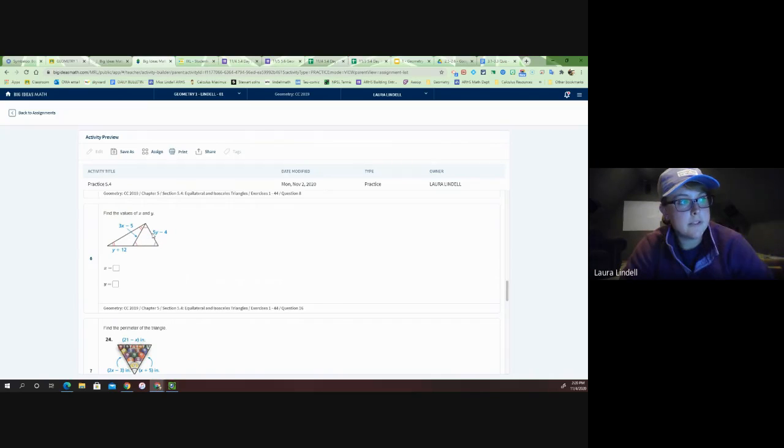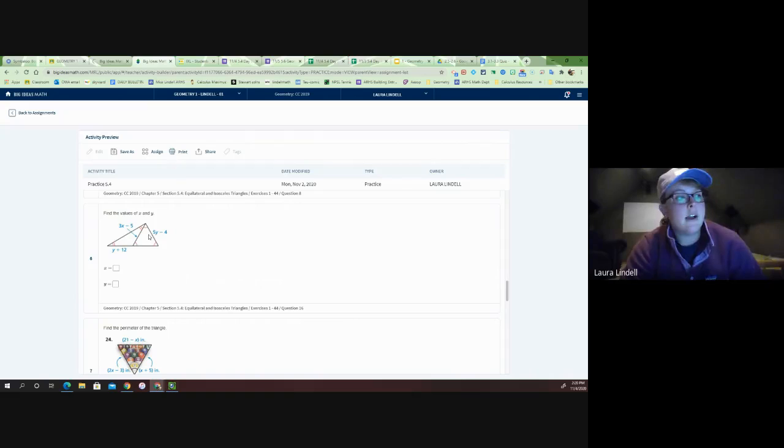So that also means it's equilateral. All the sides are the same. Which tells me that 5y minus 4 will be the same as 3x minus 5. These will be equal, but that's not super helpful to me right away, because setting something with an x in it equal to something with a y in it doesn't really do me any good right now. I can't solve for anything yet.